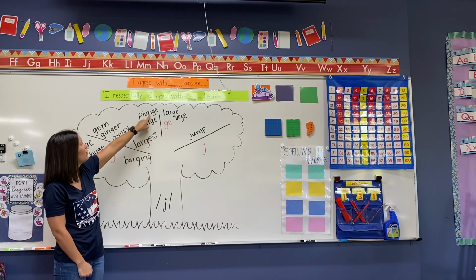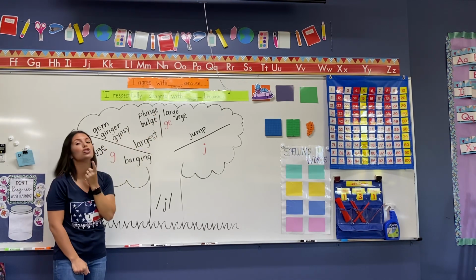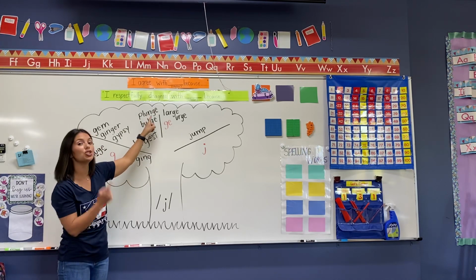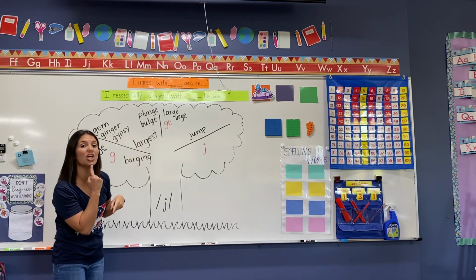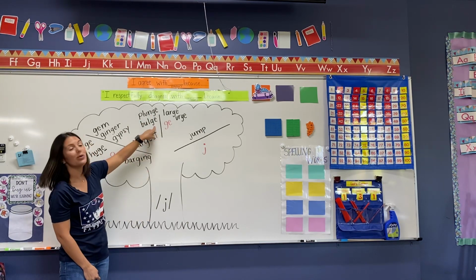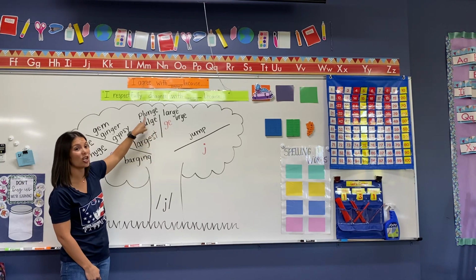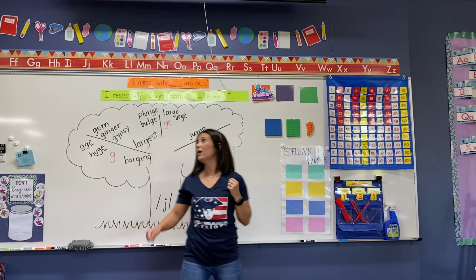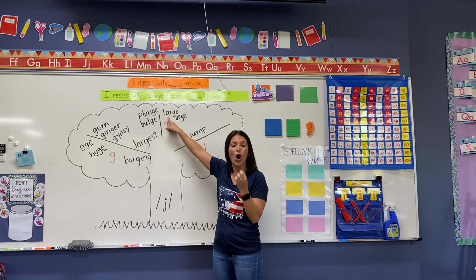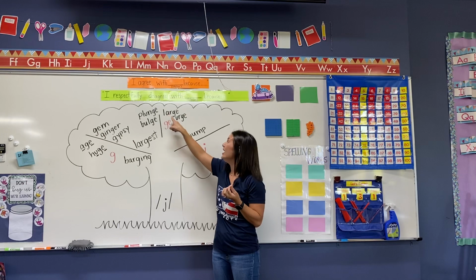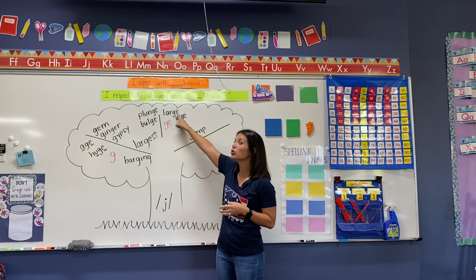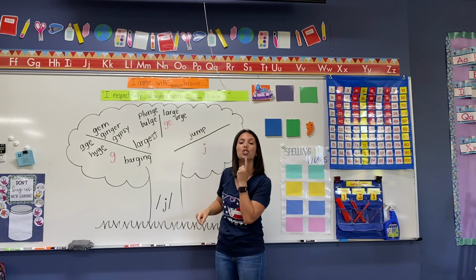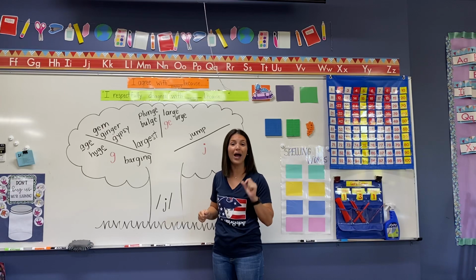So you see here that right before the GE, the J sound, plunge. It's a GE because there's a consonant cluster. Bulge, the J sound, we know it's spelled GE because there's a consonant cluster. Or when there is an R controlled vowel sound. In these two words, the R really controls it. So, large, urge. The J is a GE, and you know that because it's an R-controlled vowel sound, okay?